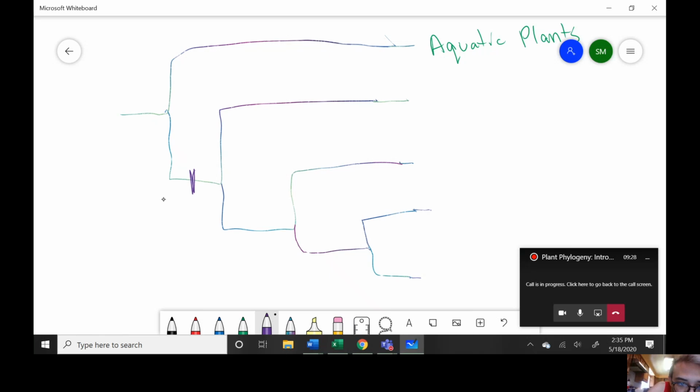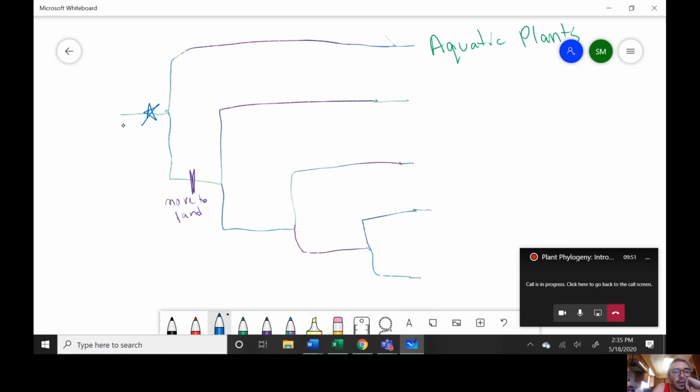So this, I would say, is our little move to land. Right? Cool. And some unique trait right here. Put that little star.